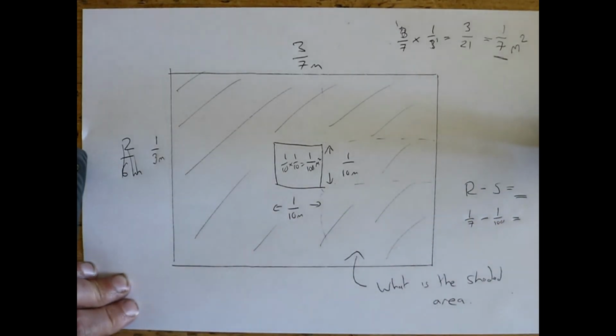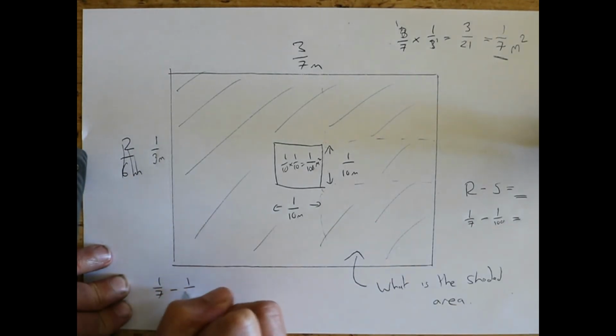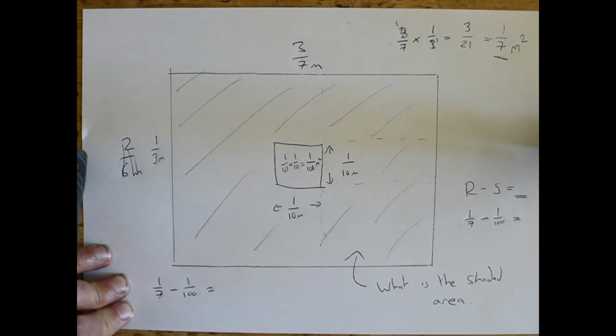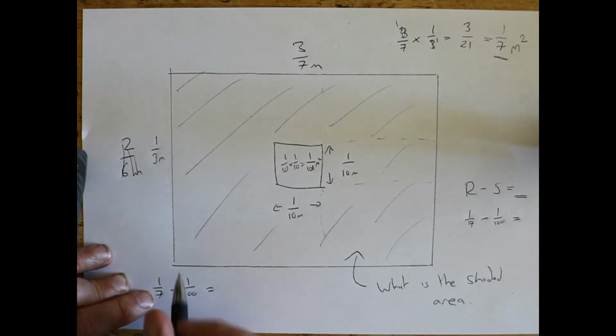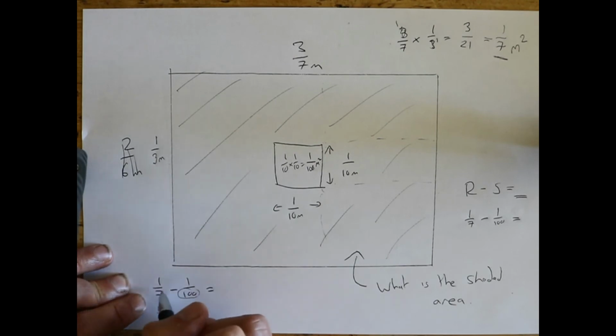Again, going to the subtraction video that we've done, we've got 1/7 minus 1/100, and we'd use the trick, so we want everything on the bottom. We multiply this first fraction by 100 on top and bottom, so we've got 100 at the top and 700 on the bottom. Keep the minus, and then we multiply the second fraction top and bottom by 7, so 7 times 1 is 7, and on the bottom we've got 700.